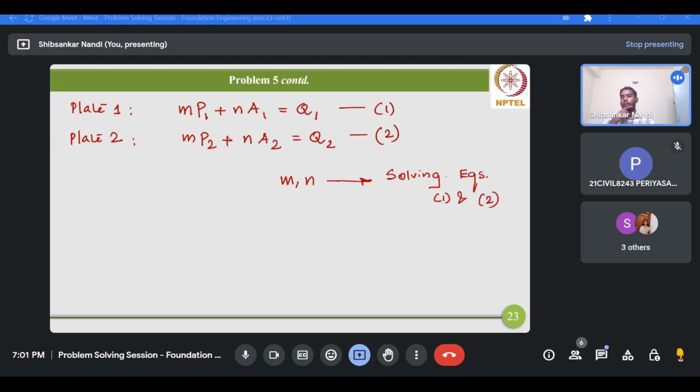If you solve this system of linear equations in equations 1 and 2, you will get the values of these unknown coefficients m and n.